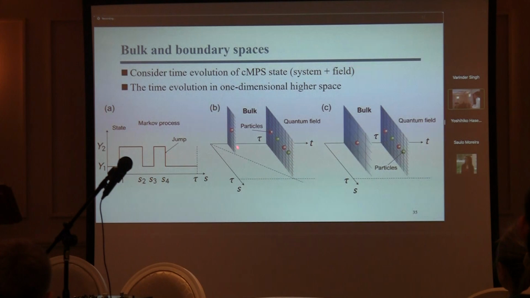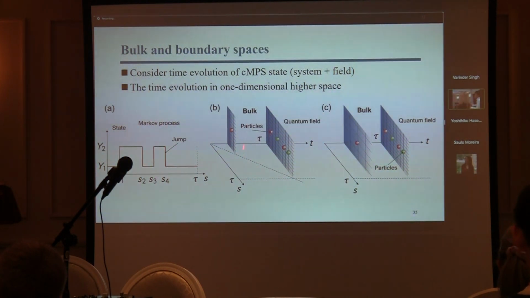But we can see that the size of this CMPS state is different for different times. For earlier times, this plate is shorter, and at this time, the plate is longer. Because when we apply the QSL, we have to compare states at different times.